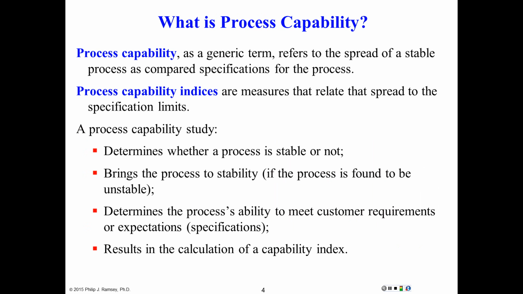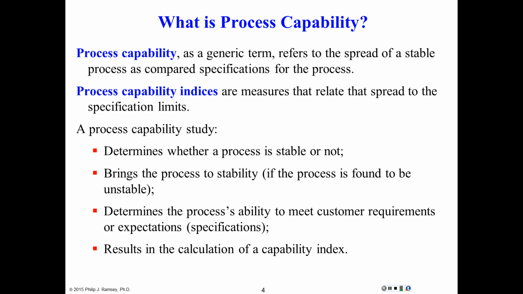So basically, when we talk about process capability, the usual approach to assessing capability are what are called capability indices. These are not without controversy, but they are also widely used in many industries. Also, I've seen them used in transactional or non-manufacturing processes.